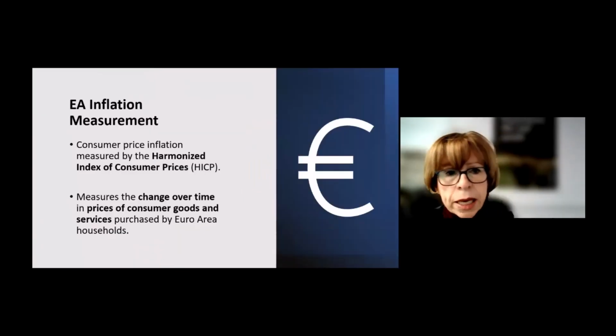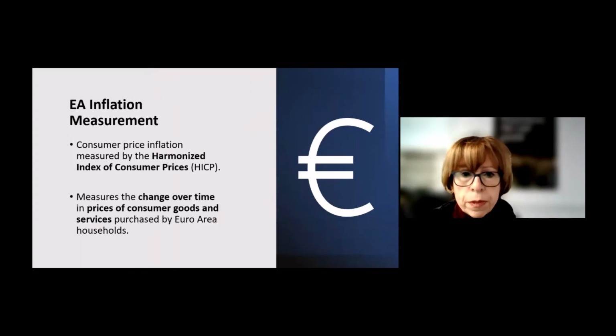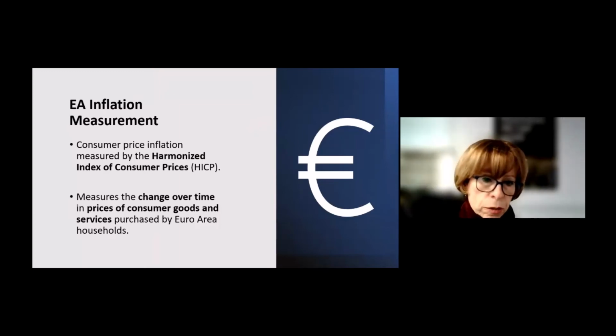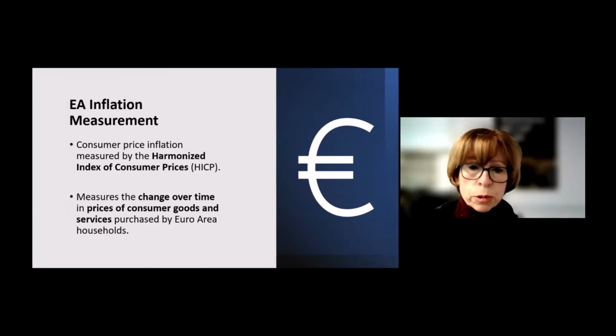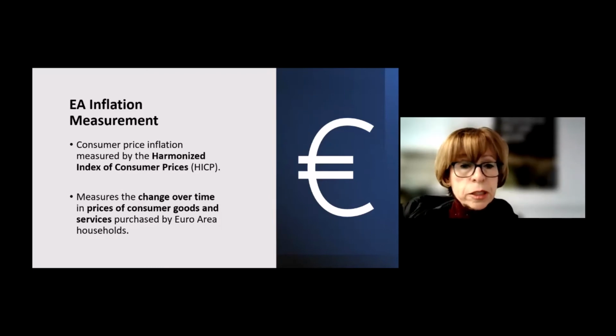So how does the EA measure inflation? Their consumer price inflation is measured by the Harmonized Index of Consumer Prices, called the HICP. It's consumer prices. Now, make sure that you recognize the difference between consumer price inflation and producer price inflation. Producer prices would be input costs, which may be different than consumer prices.